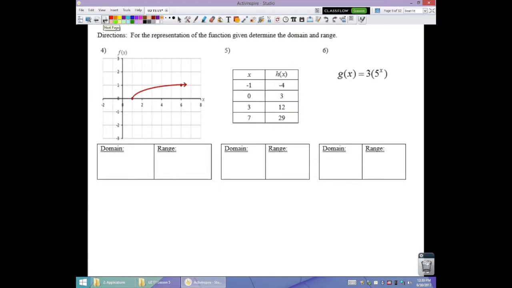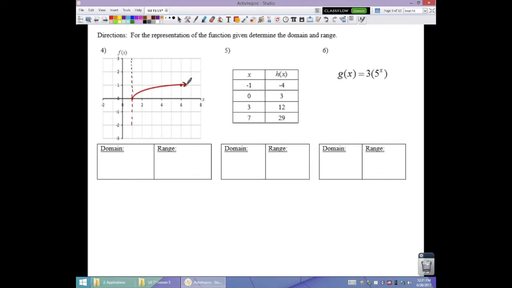Okay, number 4, we are looking at a graph. Doesn't matter what kind of graph that is. It's just a curve as far as you know right now. And we're going to try to identify the domain and range. Now, the domain is the x values. The furthest point to the left on the graph occurs at 1, but there is no rightmost point.